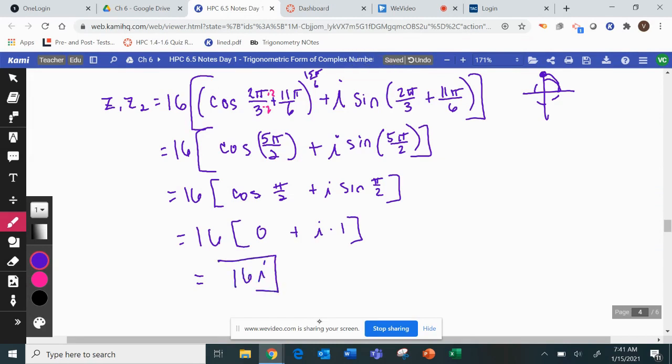So we went through the entire question, and the complex number is just 16i. There's no need to write 0 plus 16i unless they specifically say it must be in the form of a plus bi. Usually we don't include zeros, so we would just write 16i.